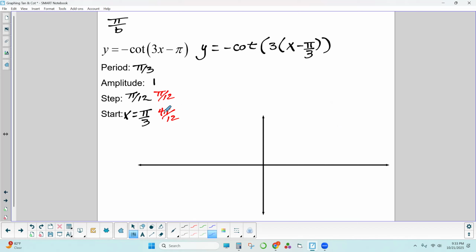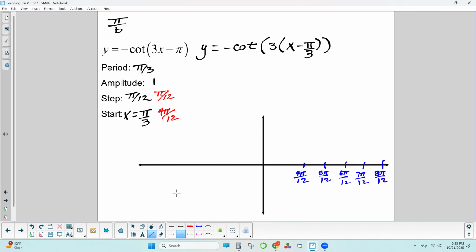I'm going to start at 4 pi over 12 and step pi over 12. So 5, 6, 7, 8. 4 steps.